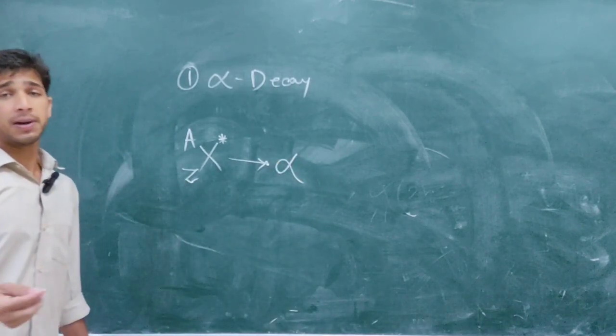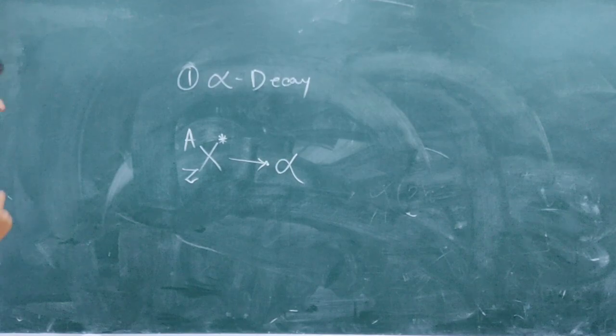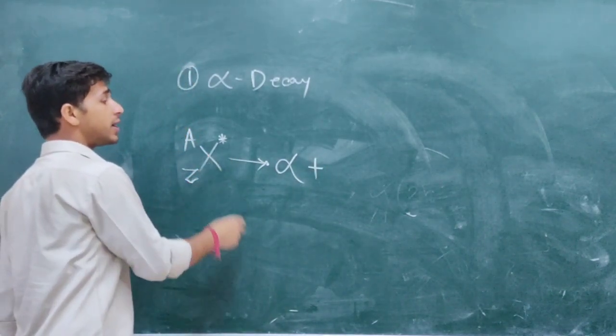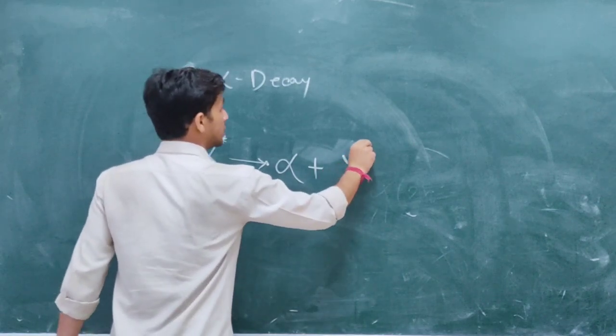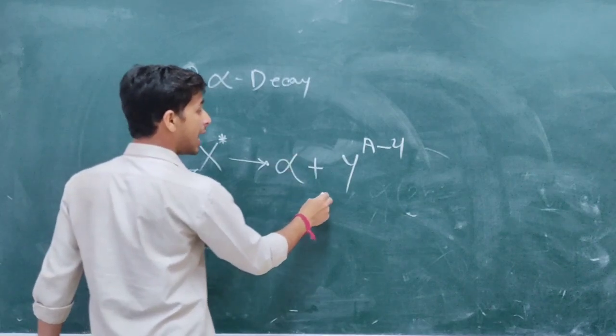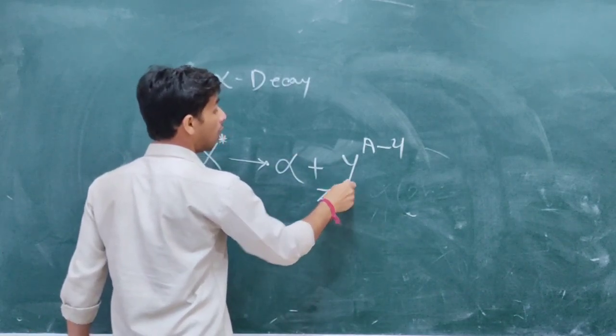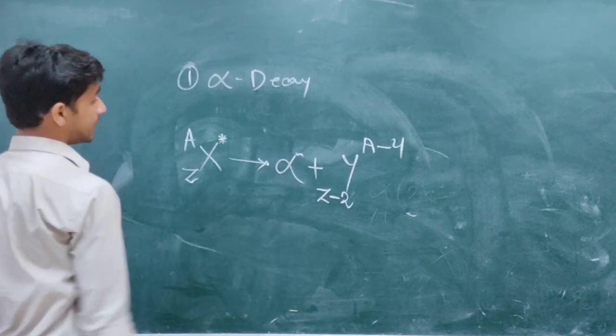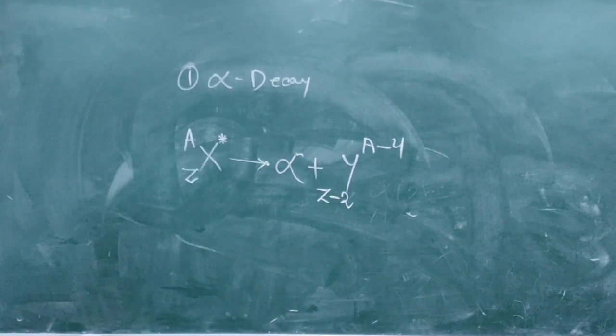Alpha particle is nothing but having charge 2 and mass 4. So after emitting this alpha particle, this nucleus will have A minus 4 mass number and Z minus 2 charge number. So this is an example of alpha decay.